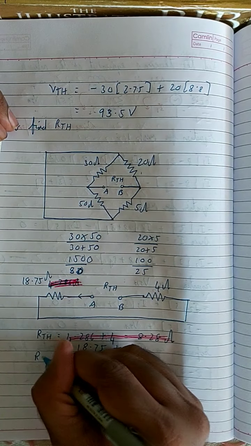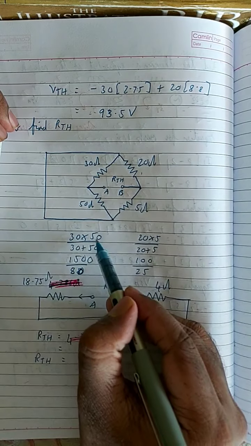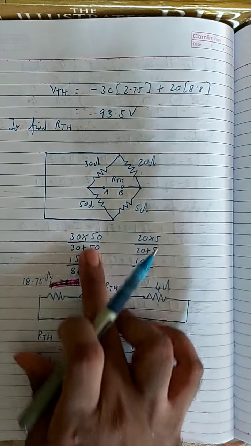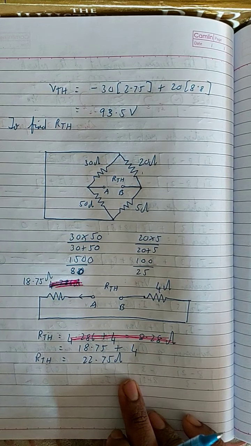This is your actual answer of RTH. I made a mistake because I forgot to put a 0 over here to find the parallel connection between this 30 ohm and 50 ohm. So RTH is equal to 22.75 ohms.